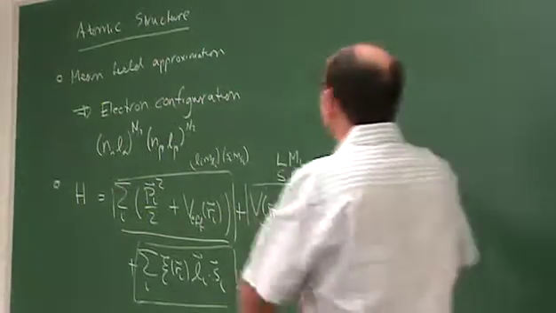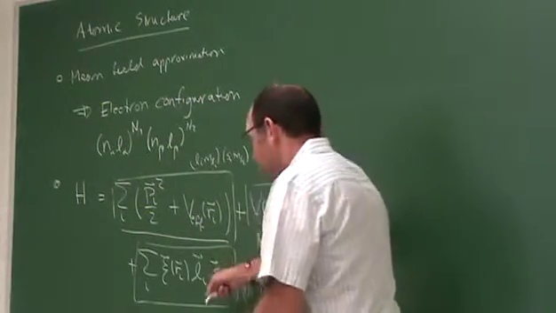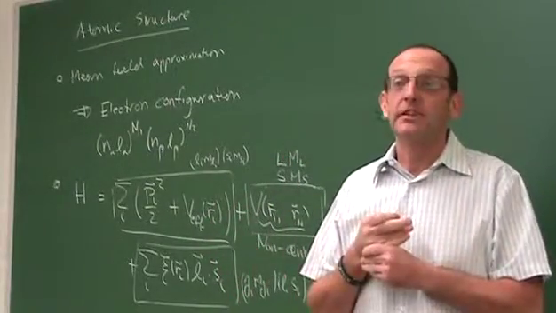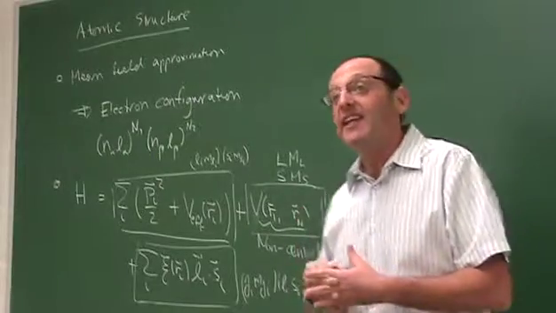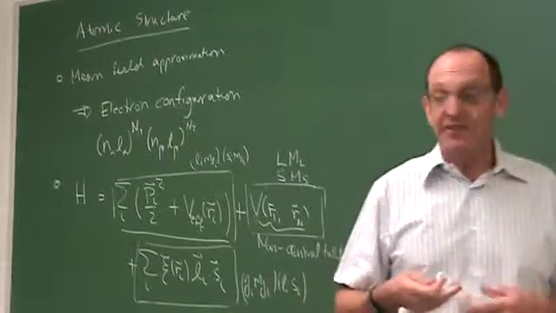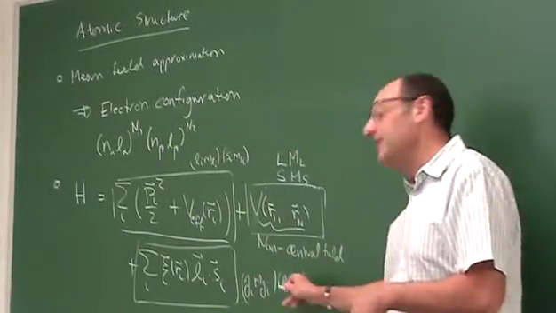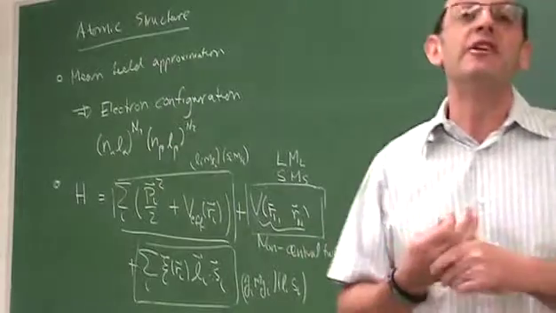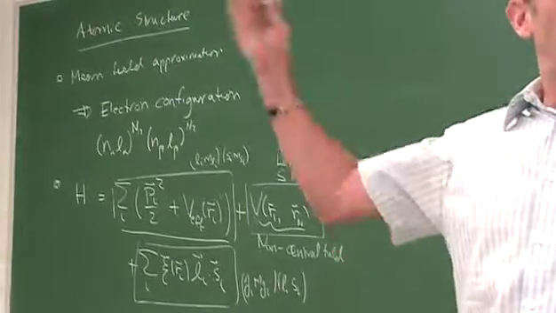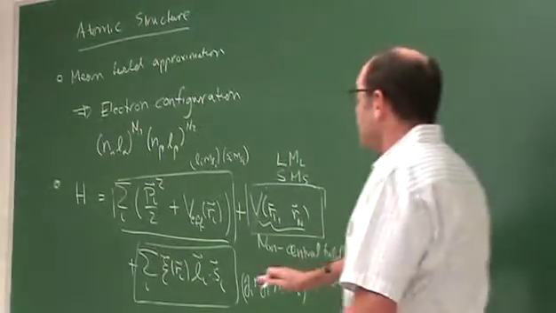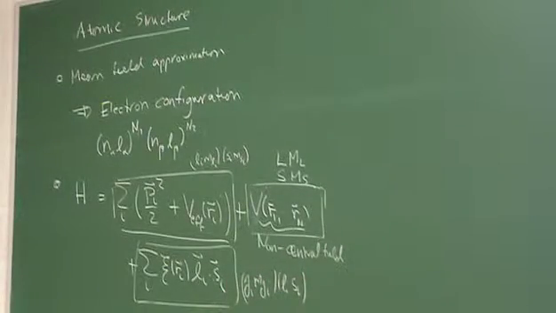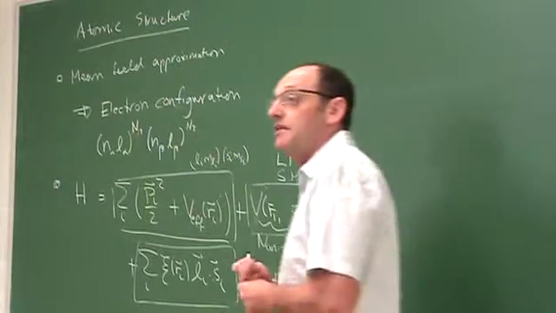And then we couple together L and S through this perturbation to get the total angular momentum J. Alternatively, if this is a stronger effect than this, then first we couple the individual L's to the individual S's to get the individual J's, and then the J's are coupled together to get the total J, and that's called JJ coupling. So you'll see in the atomic physics literature, one talks about LS coupling versus JJ coupling.